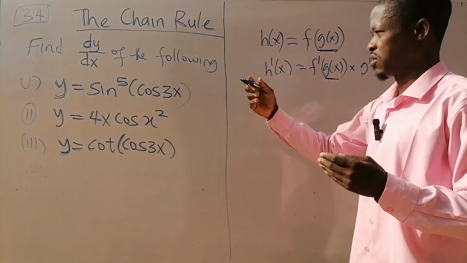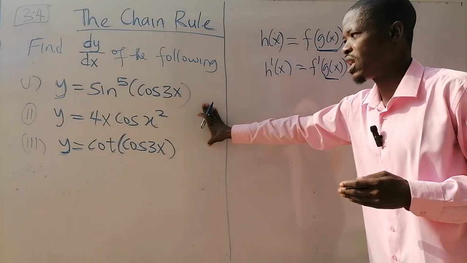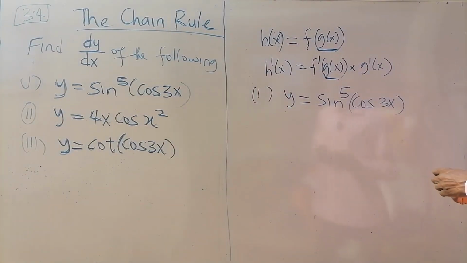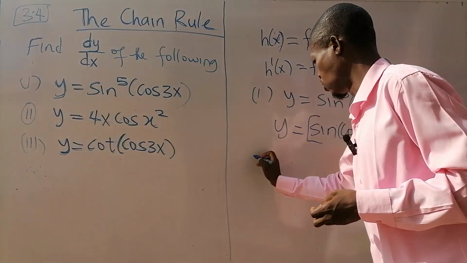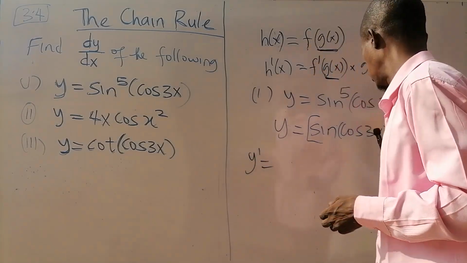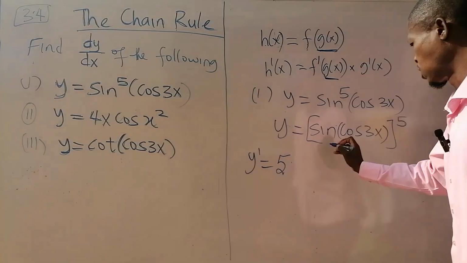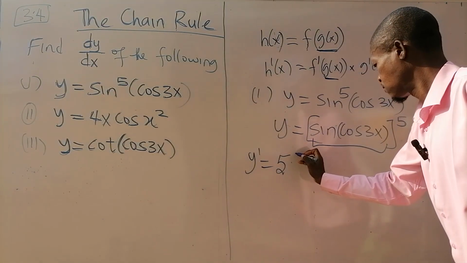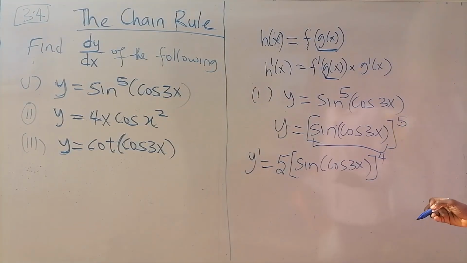Okay, let's look at the questions we have. Find dy/dx of the following. We have the first one, and I'm going to explain it in two different ways. You write this, then you differentiate: y prime will be equal to, this is in power 5 now, so that will be 5 times, I'm going to assume this one as a base, then the power minus 1, that's 4.